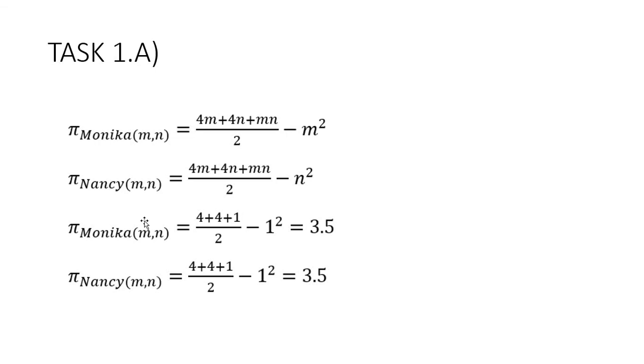So now you will have to calculate the derivative of Monica's payoff function and Nancy's payoff function, define their best response functions. So for Monica, m as a function of n, for Nancy, n as a function of m, and define the values corresponding to the intercept of those functions.